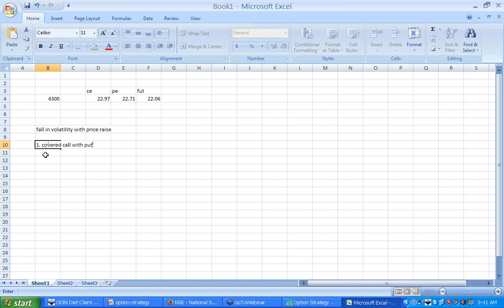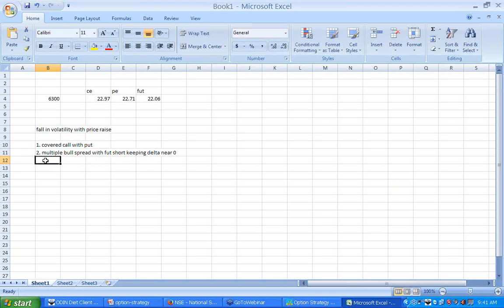Number two, we can form multiple bull spread with future short multiple keeping delta near 0.